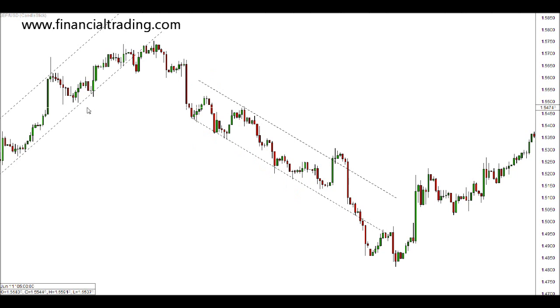We could also use this channel support and resistance to identify areas to open positions with price.